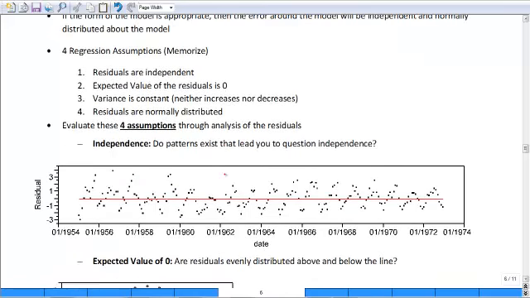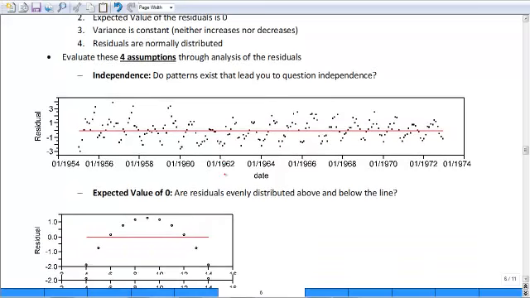So let's take a look at independence. What we're looking for with the first assumption, independence, is: do patterns exist? This is a sample that I've given that actually does have a periodic relationship that we haven't modeled yet. And if you look at this carefully, you can see that the residuals do go up and down, and they follow an up and down periodic pattern.